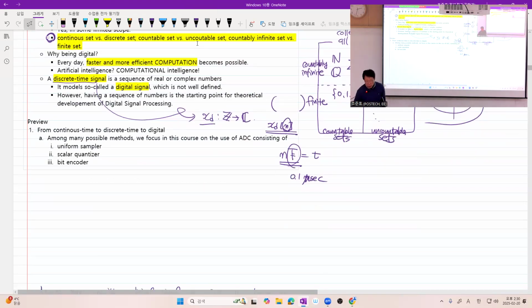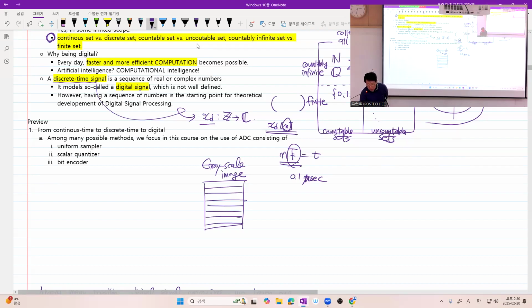Suppose you want to handle something like this. So you have a grayscale image, which means that basically you have a matrix. Suppose 600 rows and 400 columns. And at each pixel, you have a number from 0 to 1.